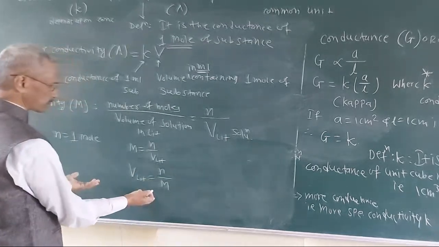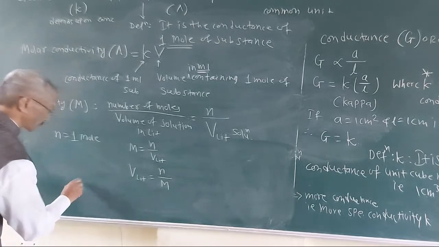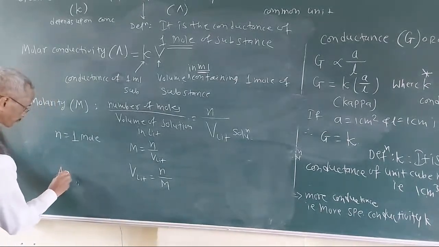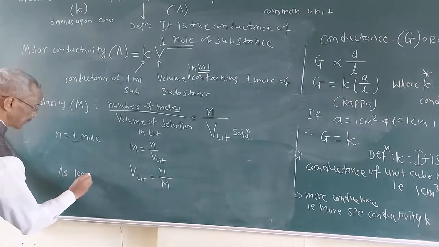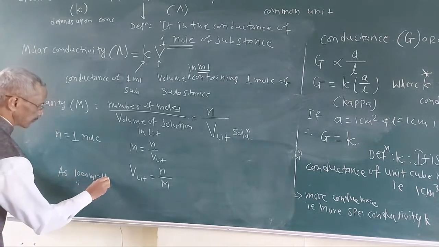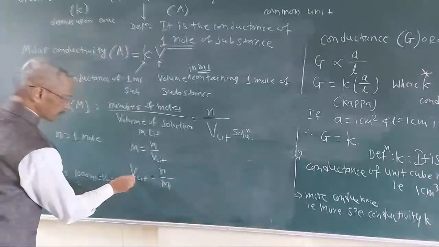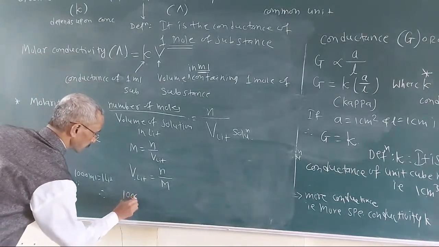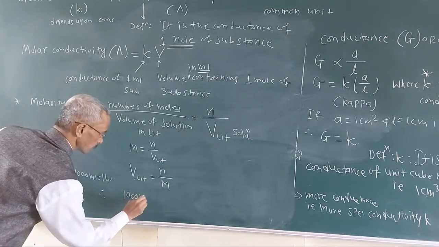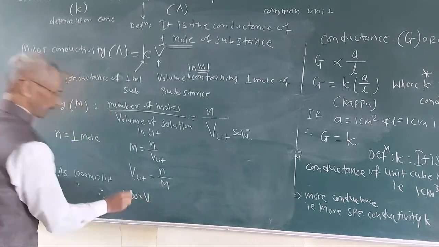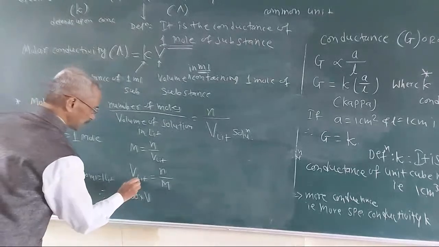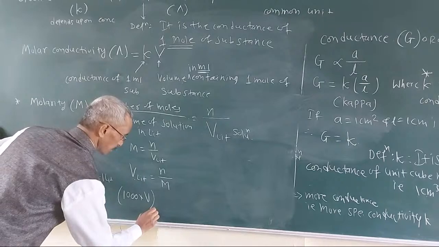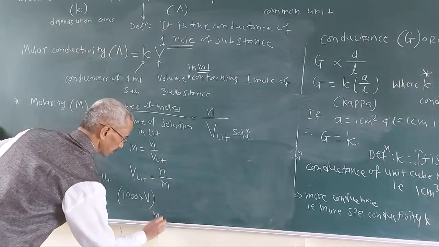how do you convert into ml? Therefore, multiply by, as you know, 1000 ml is equal to 1 liter. Therefore, this can be converted into ml. Here 1000 into V liter becomes V in ml.